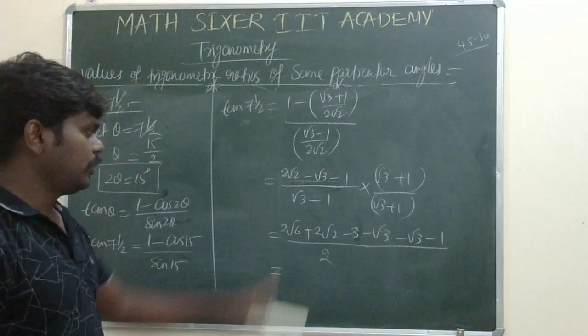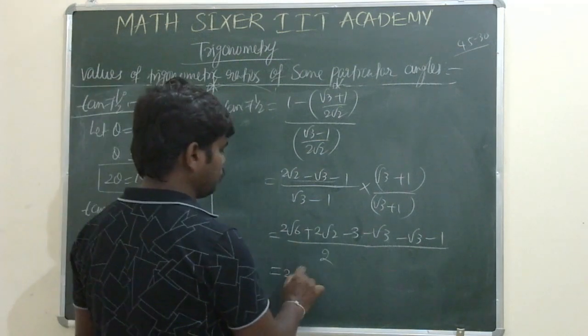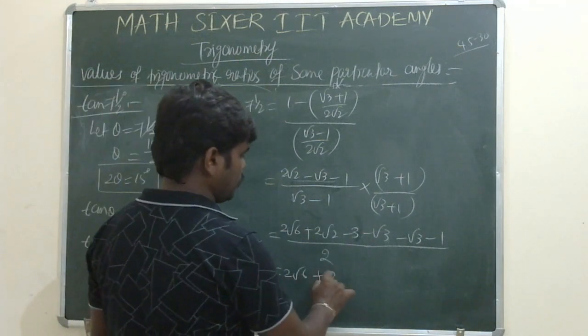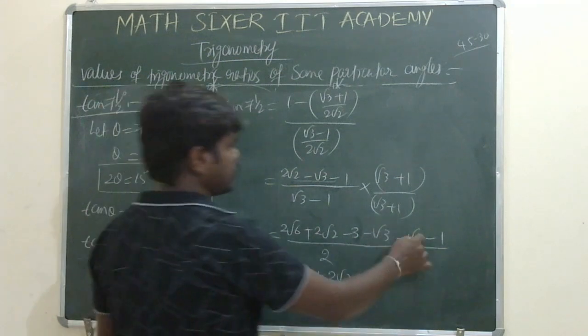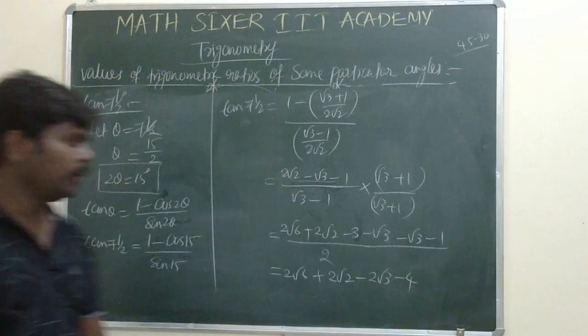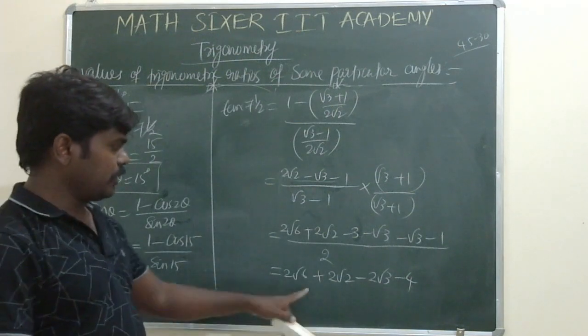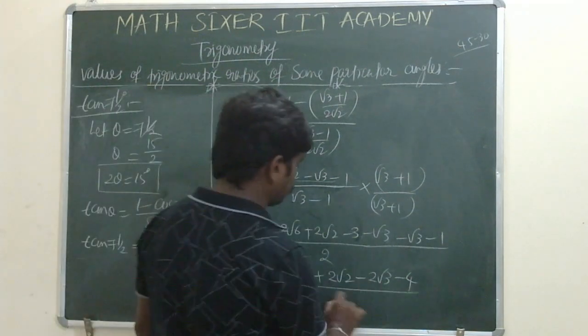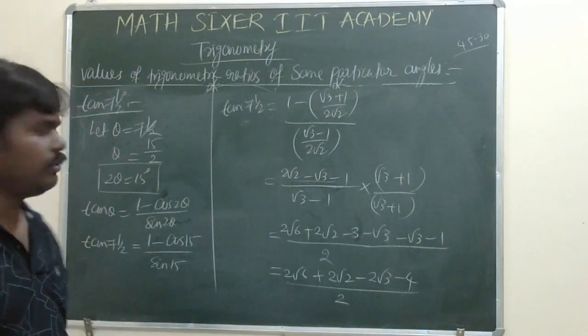So 2 root 6 plus 2 root 2 minus 2 root 3 minus 4. Now this is divided by 2, so we can cancel with the 2.